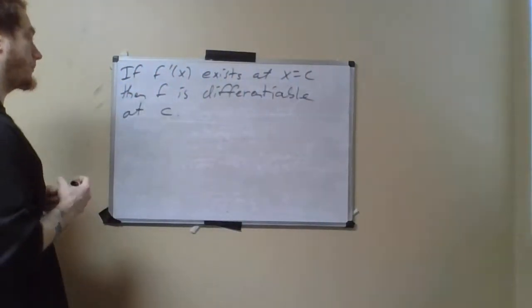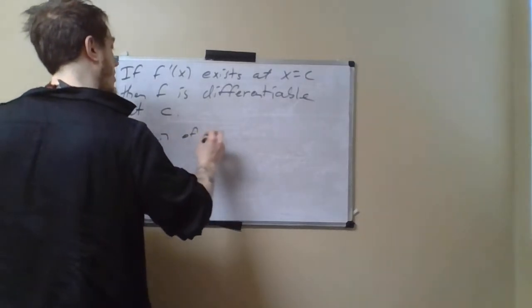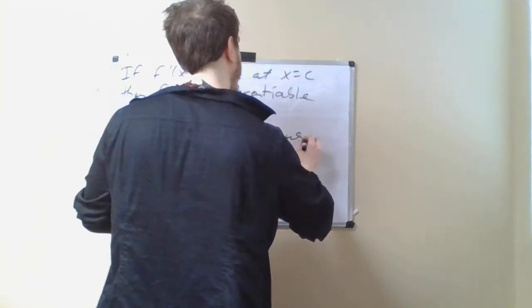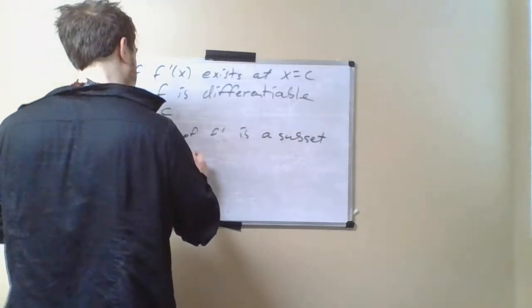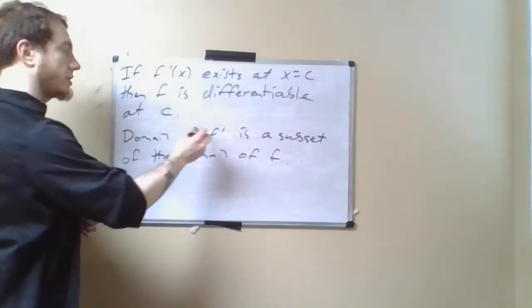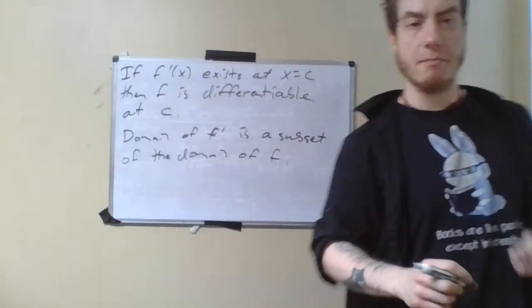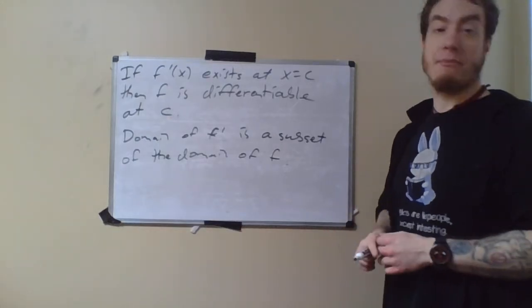But the first thing that we can say is that the domain of f prime is a subset of the domain of f. In other words, you cannot have a derivative for a function unless you actually have the function at that point as well. It would not make any sense. That is kind of obvious in some sense.